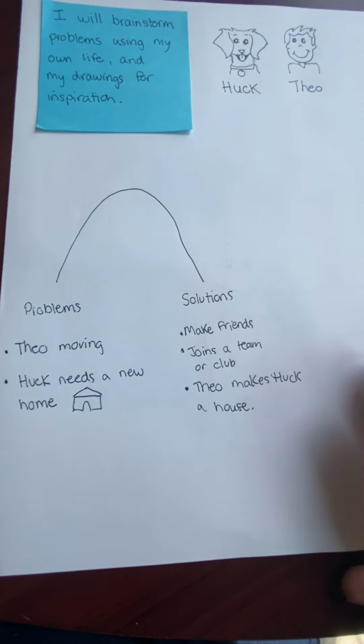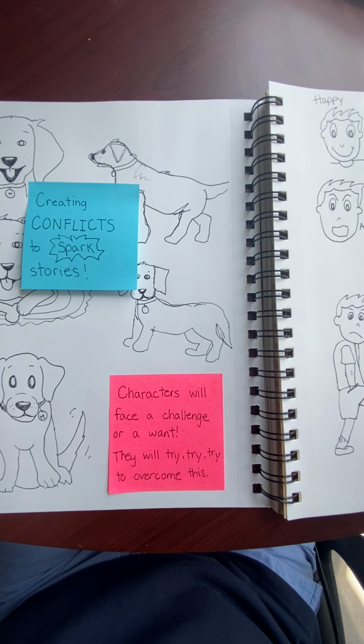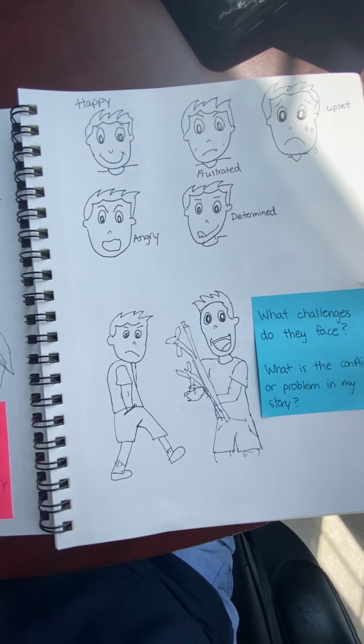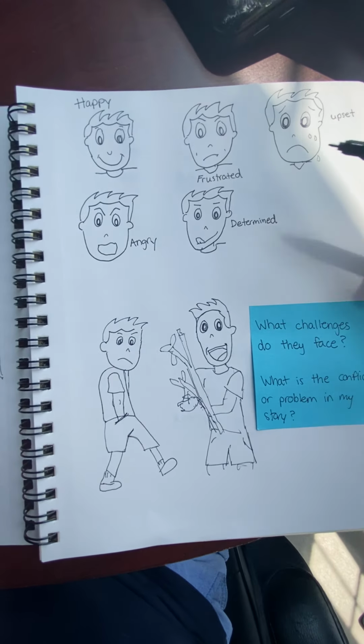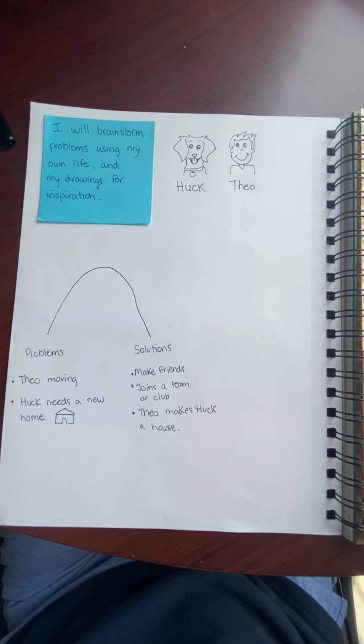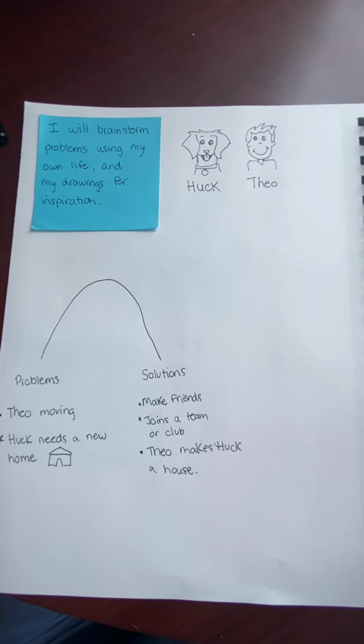So I'm going to jump back to here. I'm trying to create conflicts to spark some stories. So I thought of some possible problems that my character is going to face. I thought about some of the emotions that they would have and what challenges they would face to cause these emotions. And although it's not set in stone, I think I like the idea of Huck needing a new home, because I know what it feels like to not really have your own space.